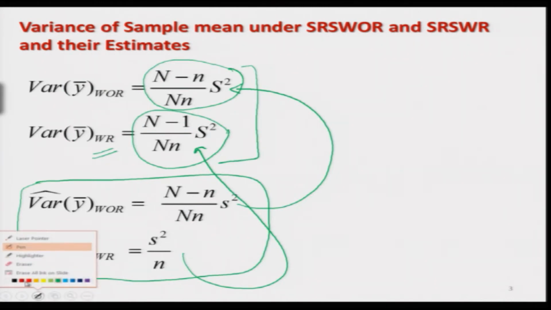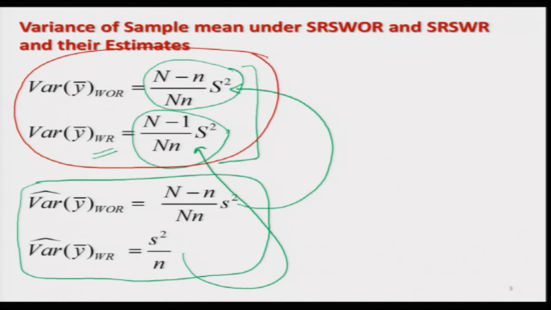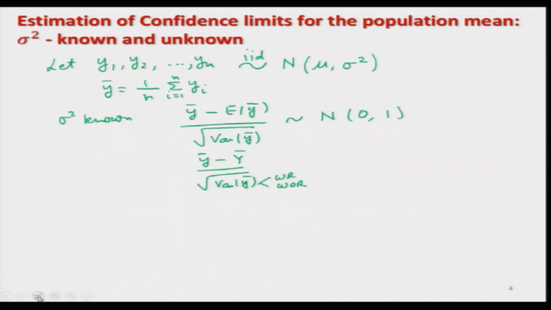I will just indicate it by another color, red. So, this is the expression. So, this quantity will follow the normal 0, 1 distribution, with mean 0 and variance 1.